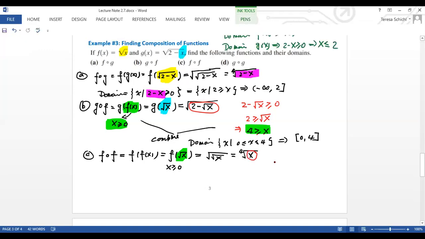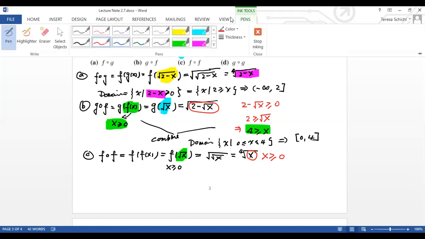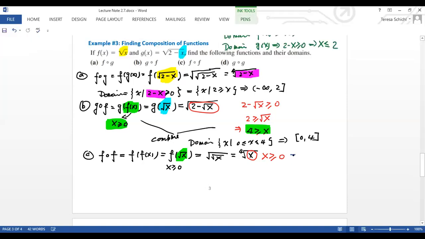What is this domain here? It is also greater than or equal to 0. So you combine both these conditions, and both of them are satisfied with x greater than or equal to 0. So the domain here will be 0 to infinity.